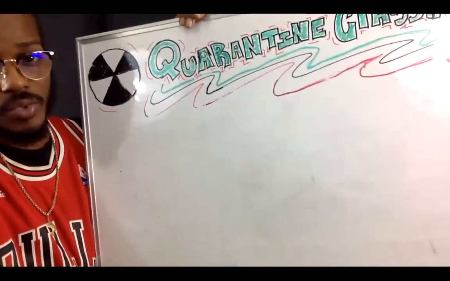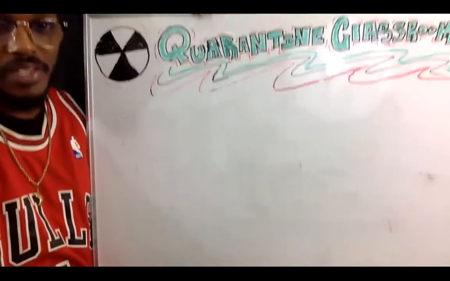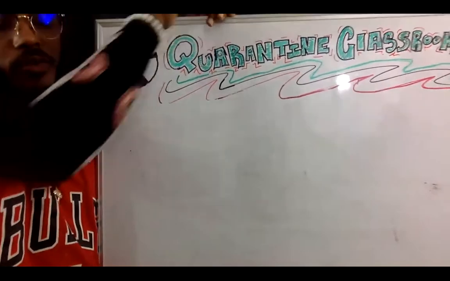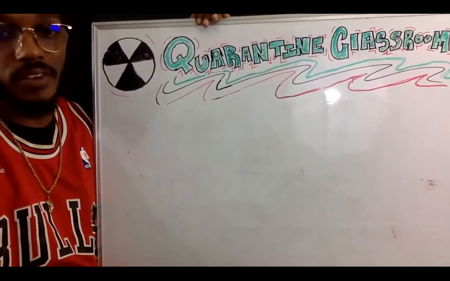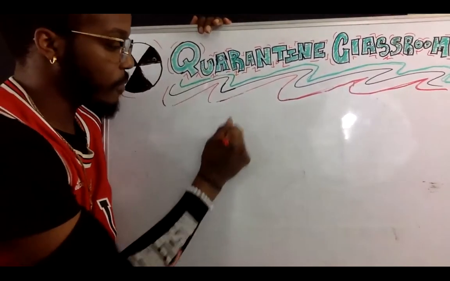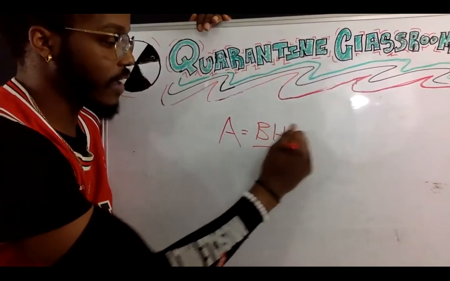You can see that work inside of your packet. I'm just gonna make this a little easier on us. So we have a triangle that has one side that is 50 and one side that is 30. And we're gonna start off by just writing down our formula. Area equals base times height divided by 2.